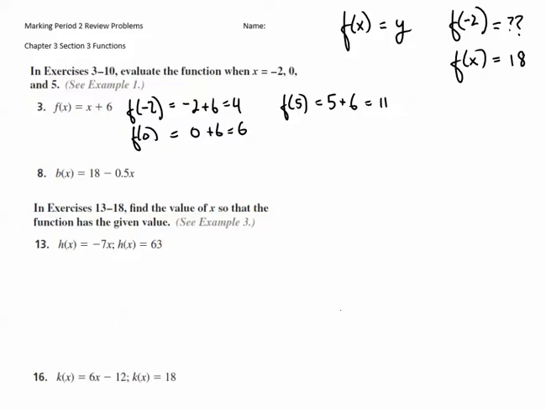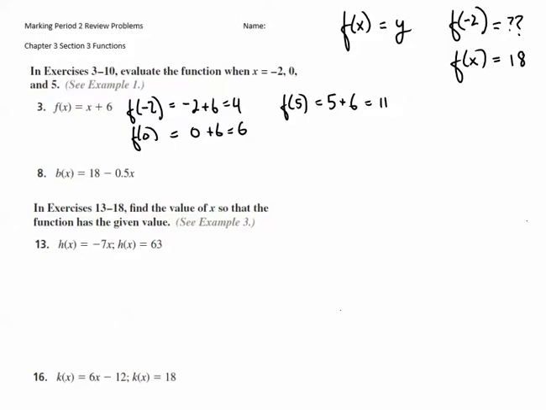The second function, b of x, is equal to 18 minus 0.5x. That means you give me an x, and what the function b does is it multiplies it by a half and then subtracts that result from 18.